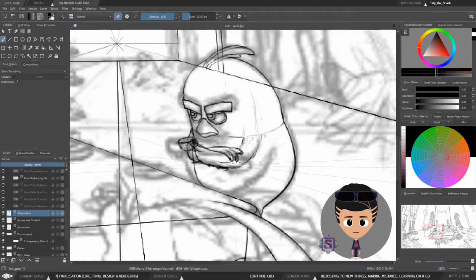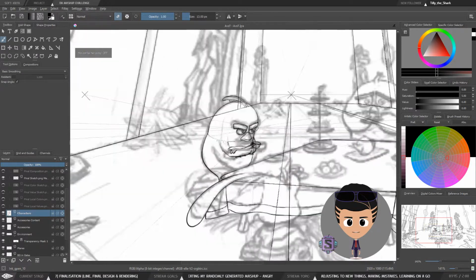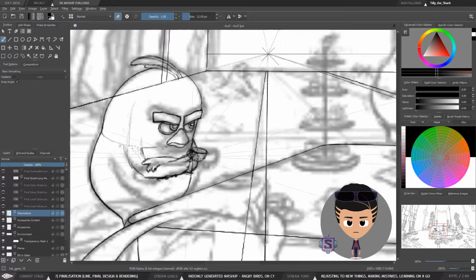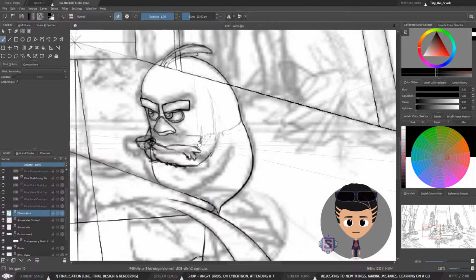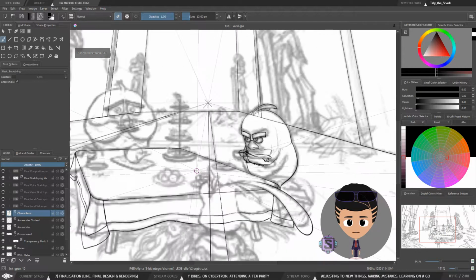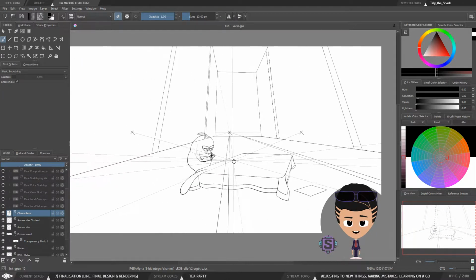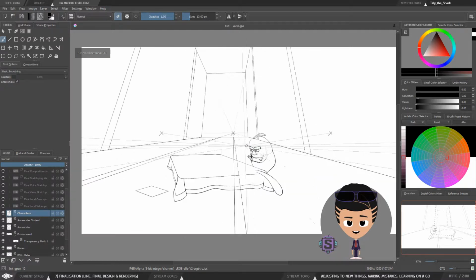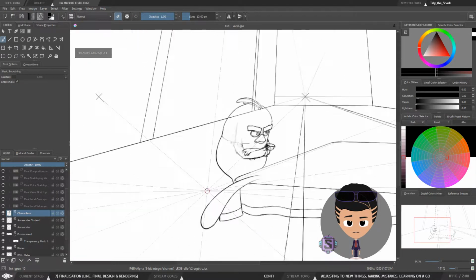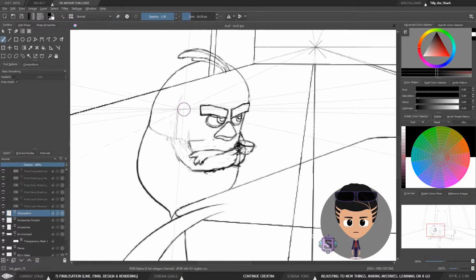Also, these things have only 3 fingers, so we need to keep it in mind. Kind of works fine.